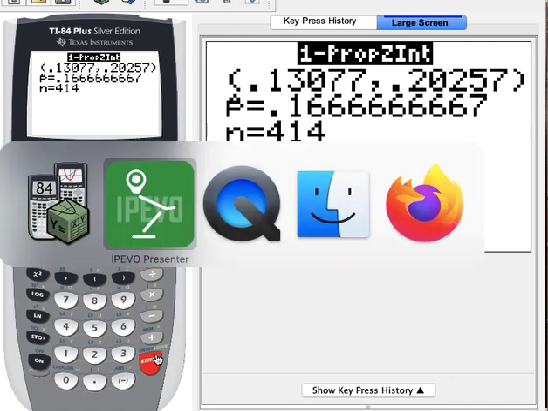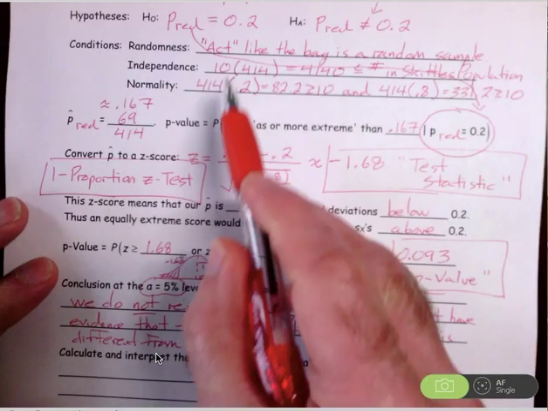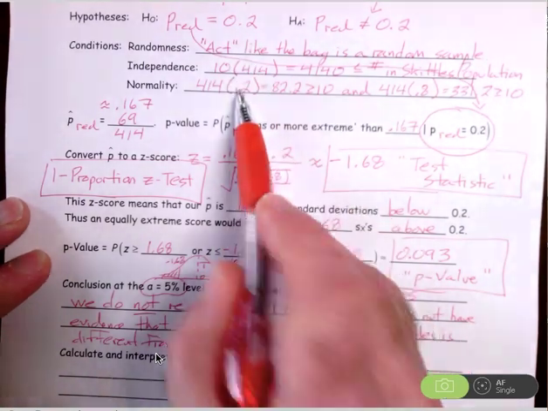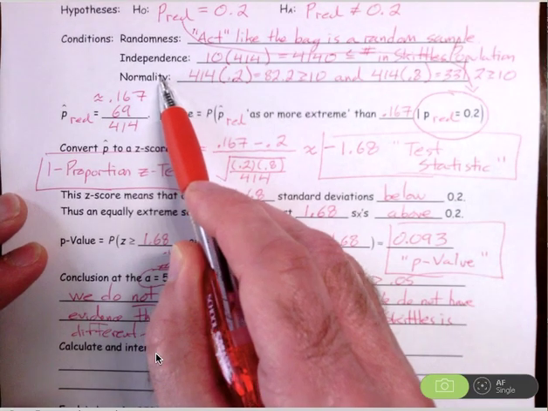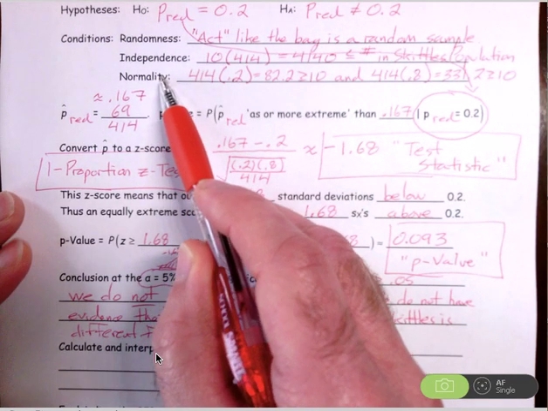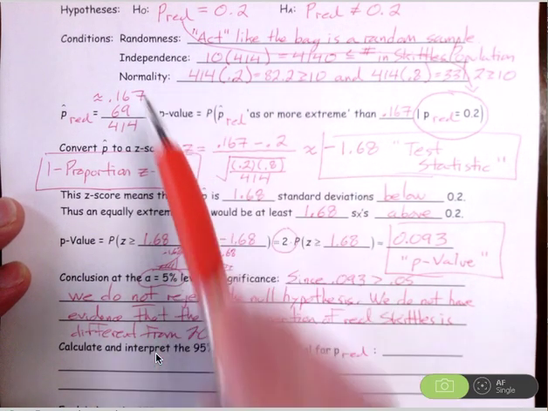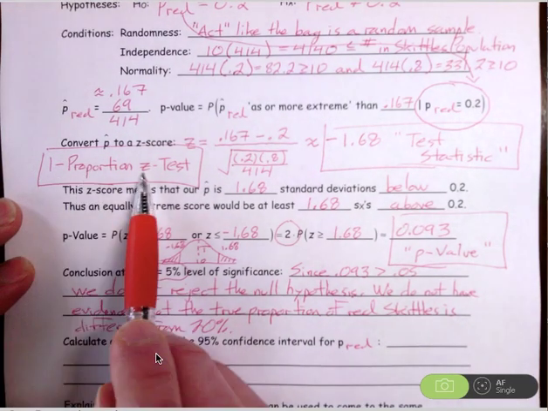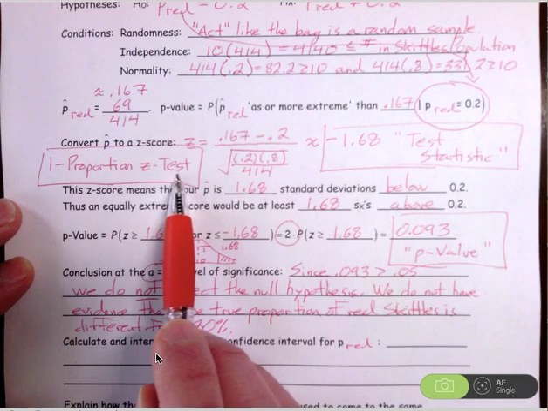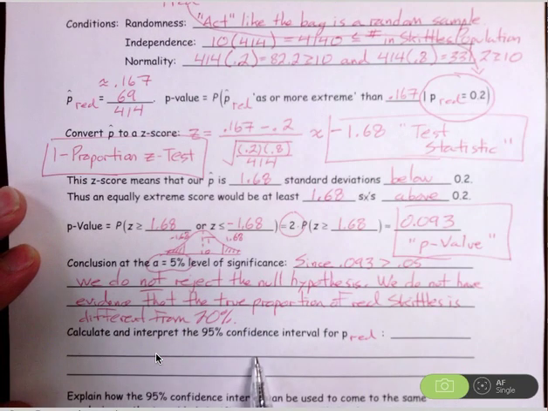So notice all of the conditions are the same. We have a randomness, an independence, and a normality condition. So instead of showing all of the work for building the confidence interval, you could simply say that you are building a one proportion z interval instead of a test and write it down.